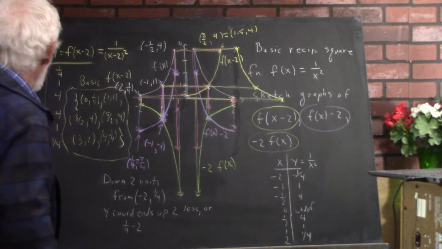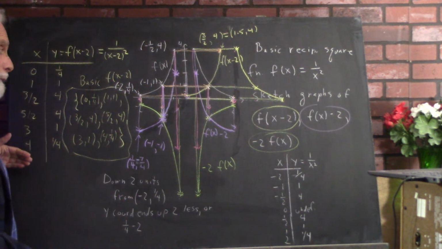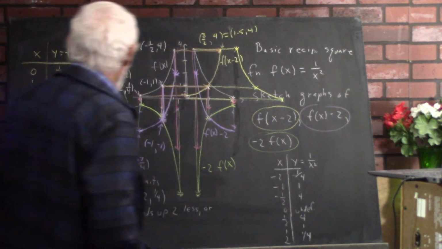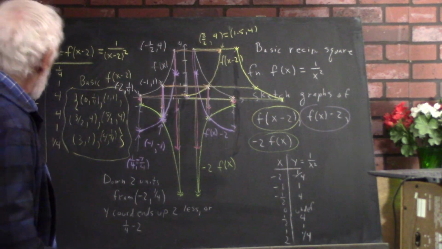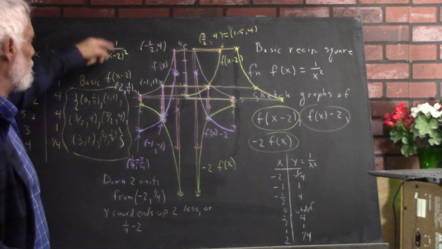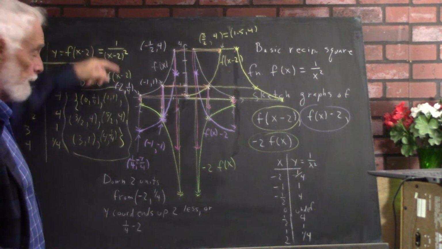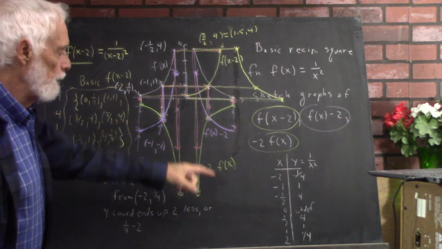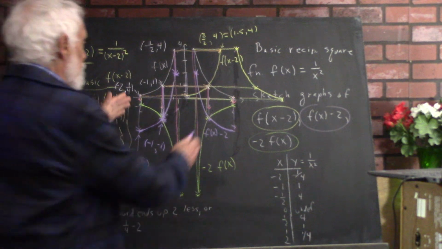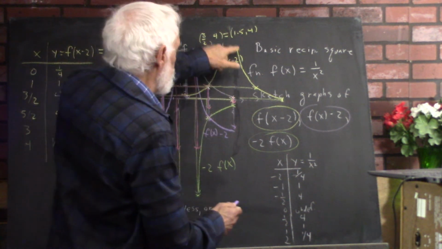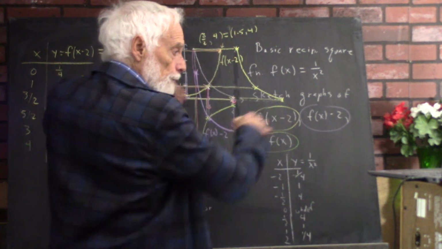So that if we graph the points on this table, we're going to get this curve. If we tried to graph the f of x minus 2 equals 1 over quantity x minus 2 squared function using just the points negative 2 through 2, well, none of our graph would have gone beyond here, and we would have only gotten this, and we wouldn't have seen this behavior and the symmetry.